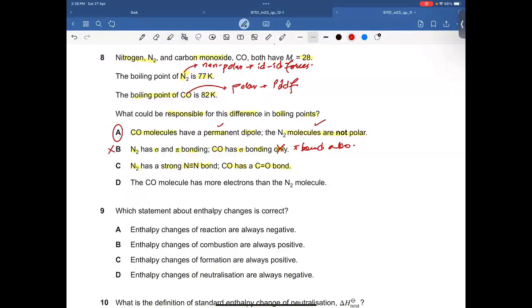That's again a wrong statement because carbon monoxide also has a triple bond. We have discussed it in class. Okay. The carbon monoxide has more electrons than the nitrogen molecule. By the way, both nitrogen and carbon monoxide are isoelectronic. Isoelectronic means they have the same number of electrons. And obviously, this is going to be incorrect again.